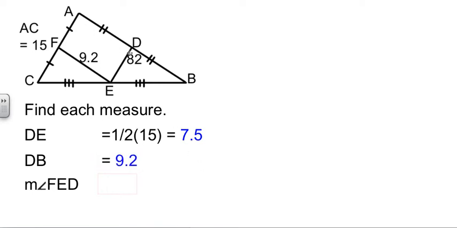You could also look at this as a parallelogram. 9.2 would make this 9.2, and since those are congruent, this would also be. And then finally, angle FED is also 82. These lines are parallel. FD and AB are parallel. So these are alternate interior angles.